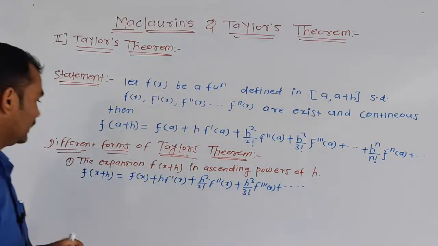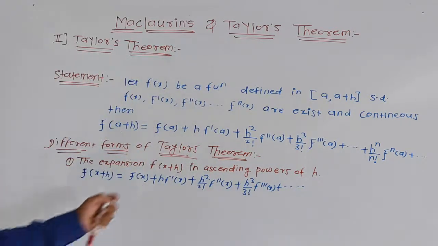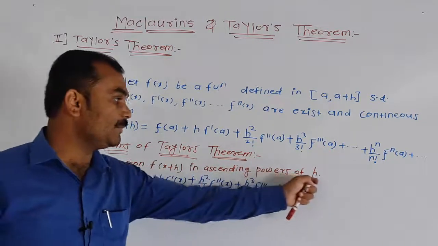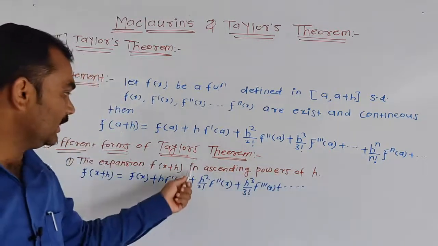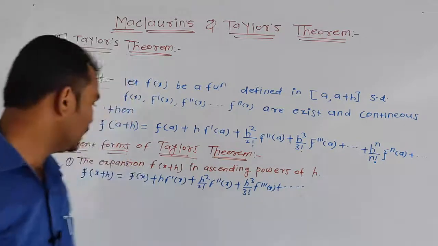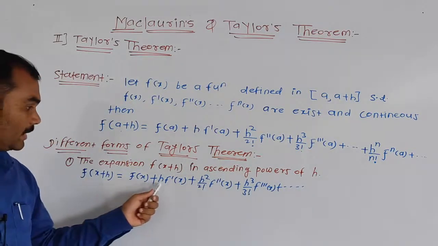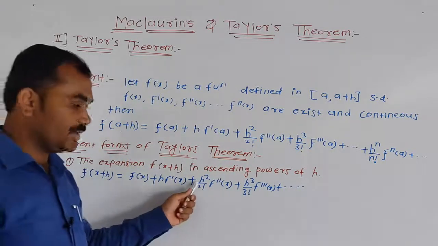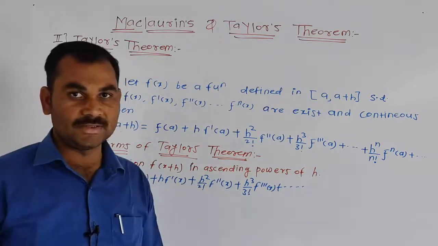This is the expansion of f of x plus h in ascending powers of h. Here the power of h is 0, here 1, here 2, and here 3.